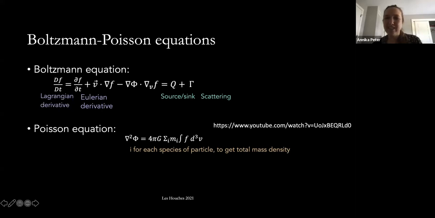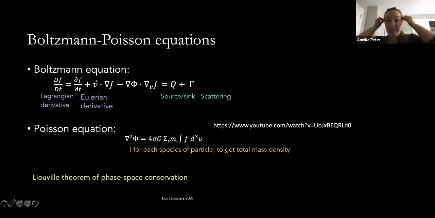And that's another way to talk about Liouville's theorem: if there's no source or sink term for your particles, and if there's no scattering, then you conserve the phase space density along trajectories.